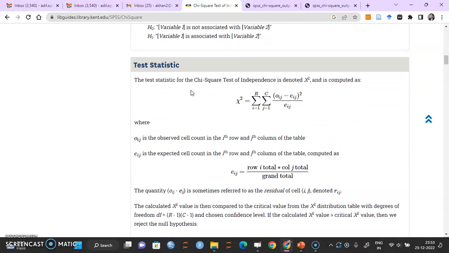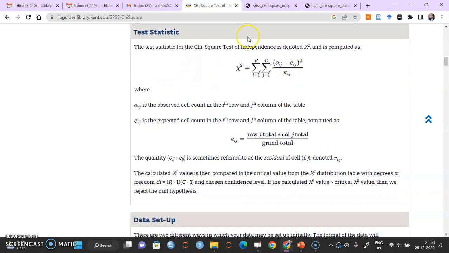So quickly have a look at the test formula. I'll simplify this formula when we solve the examples. Let's see what we require. We require the values of expected frequency and actual frequency.